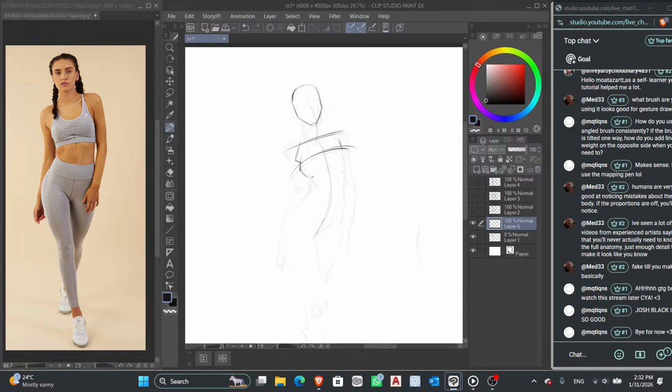You have the chest going like this. I know there are lots of parts that need some attention, but that's how I actually do it, guys.